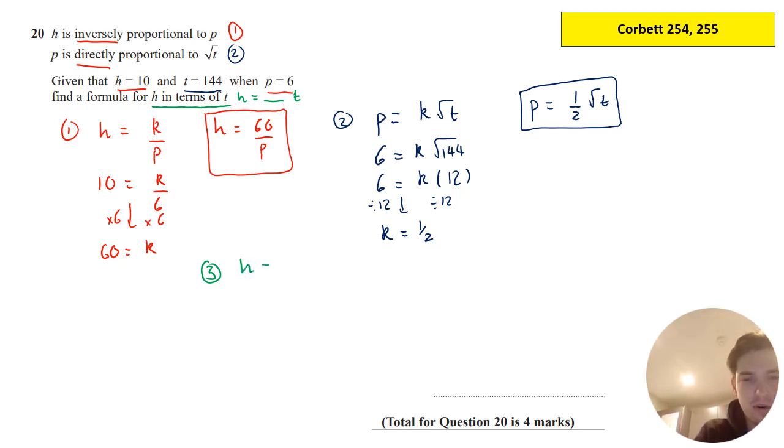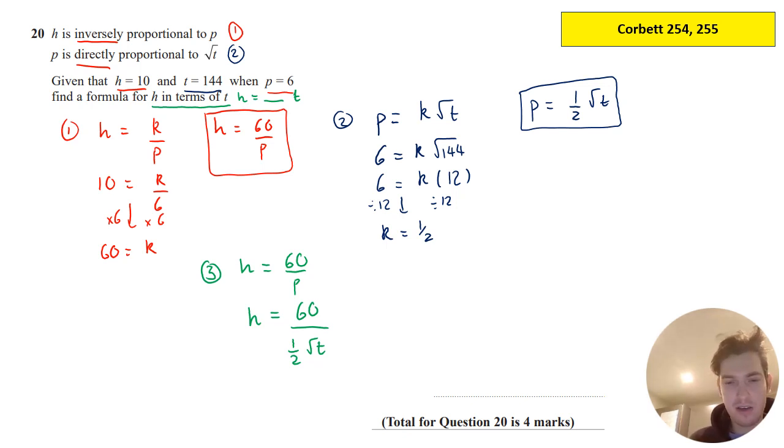Well, using my equation 1, H is equal to 60 over P. But I want H in terms of T. So how can I do that? Well, I know an equation for P. P is equal to a half root T. So I can rewrite this as H is equal to 60 over a half root T. And that is going to be my answer.